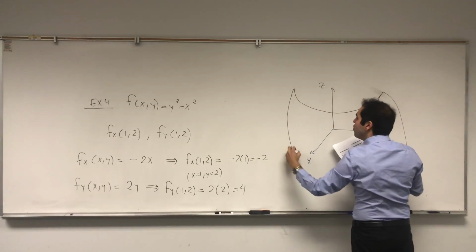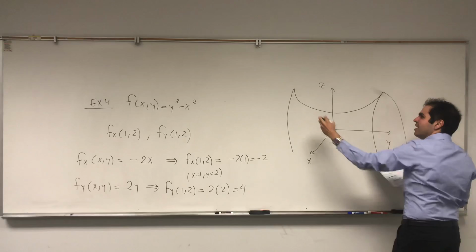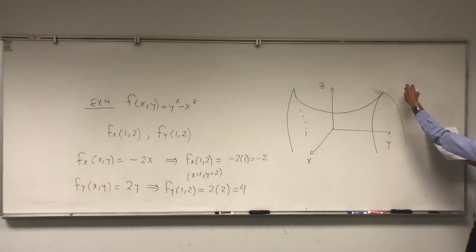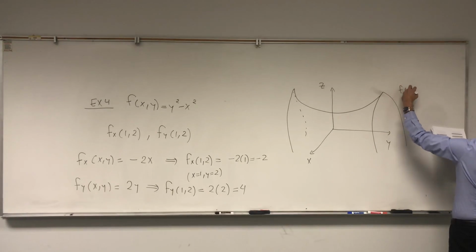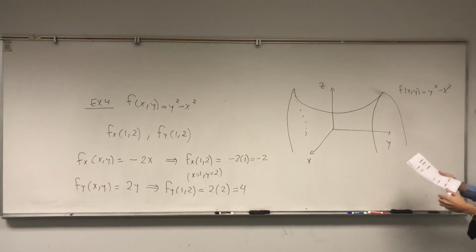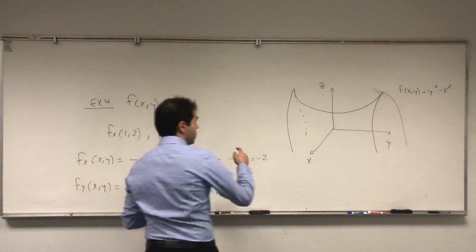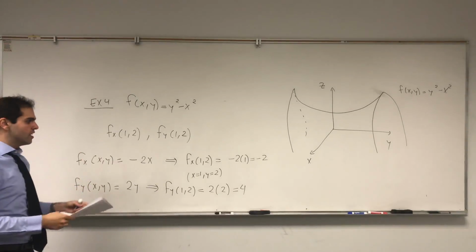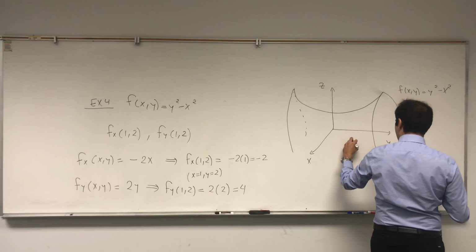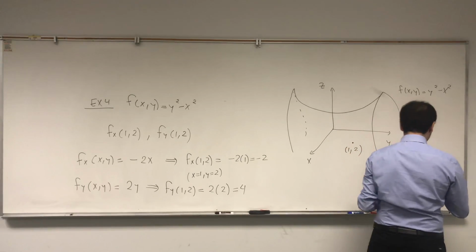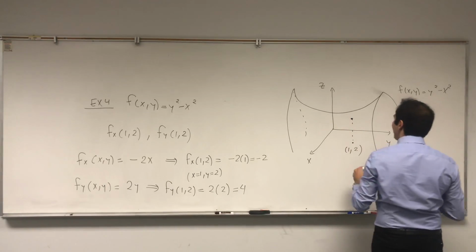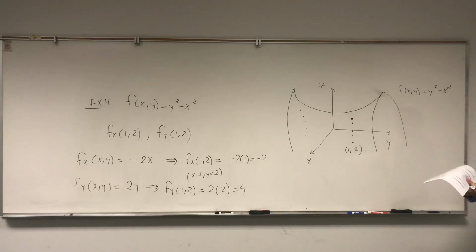So this is roughly this hyperbolic paraboloid, y squared minus x squared. And we're particularly focusing on the point (1, 2), which looks somewhere like that. So maybe you go up here at this point, whatever f(1, 2) is, and notice what is happening here.